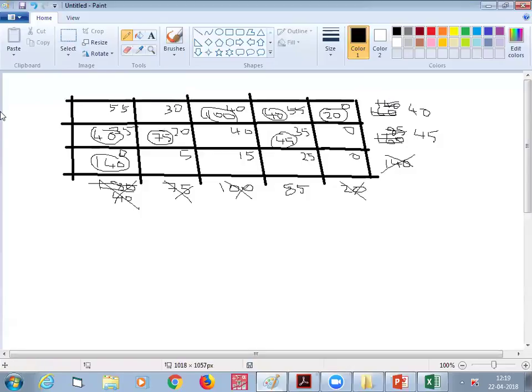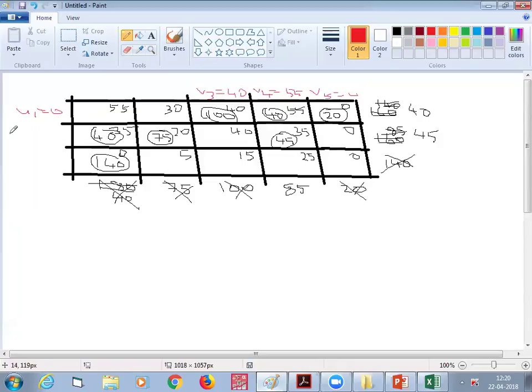Now remember we calculate the Uis and Vjs. So U1 equals 0 for this row. Now these two are empty cells, so we start here. V3 equals 40. V4 equals 55. And V5 equals 0. So this row is completed.